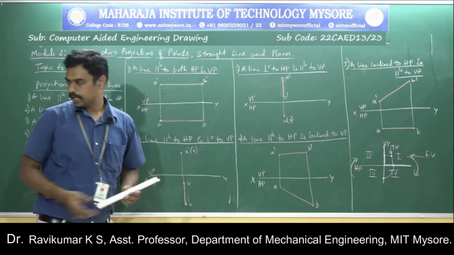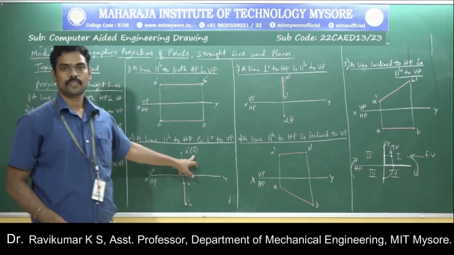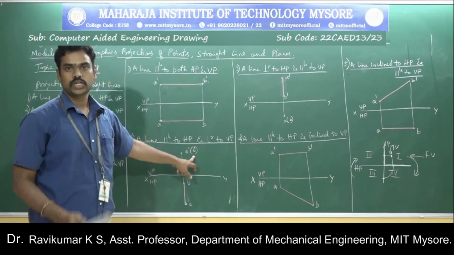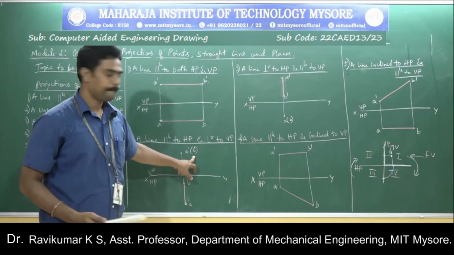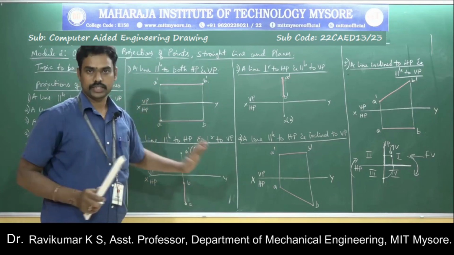Since B is invisible, I am going to put it in brackets. Okay, this is the convention used to represent an invisible point. If a point is in brackets, then it is invisible.